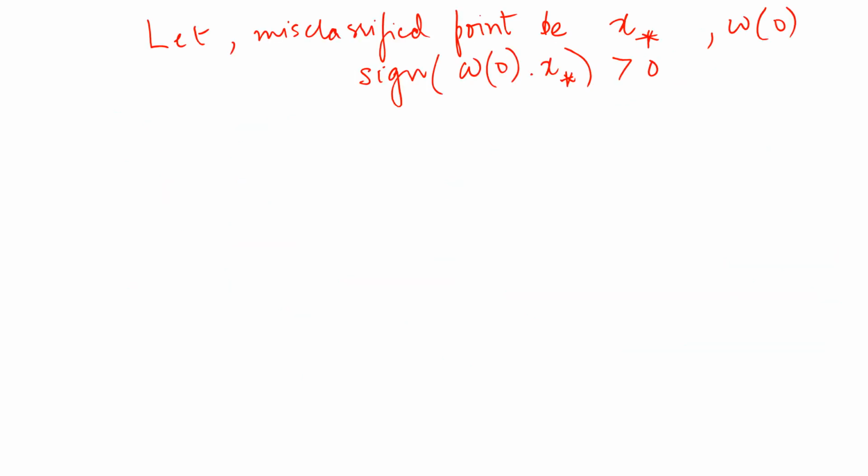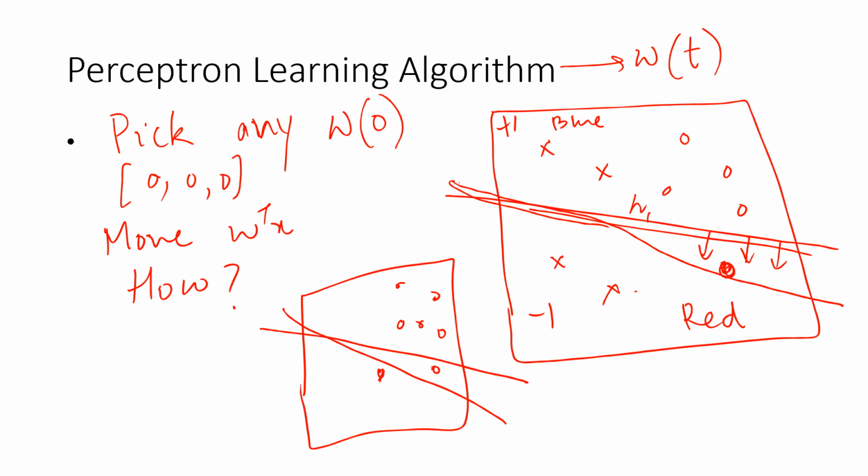So because this was misclassified, let's say the sign of this is greater than 0, then it's clear that my Y star, I'm calling the Y outcome of that particular point. Quickly giving you a review of that: if my misclassified point is called X star, so this is my input, then the given label or the given outcome, which we've been calling Y, is known, because this data is given to me, I have the answers to all the questions.